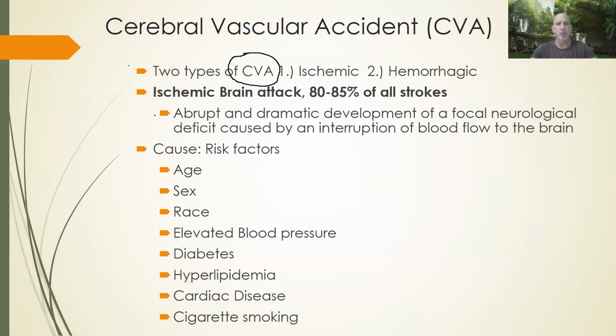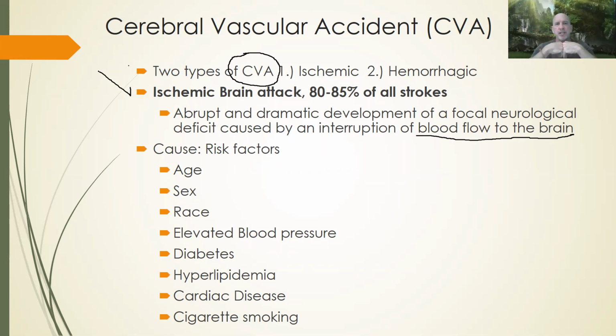Ischemic is when the blood flow to the brain gets plugged. Now, when you were studying myocardial infarction, they told you about how the little vessels in the heart, as they get smaller, a clot will somehow block that blood vessel and cause that muscle to spasm.